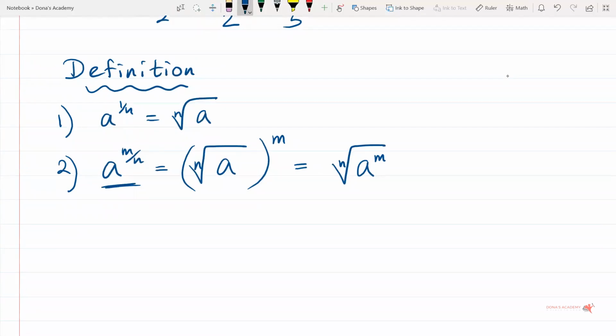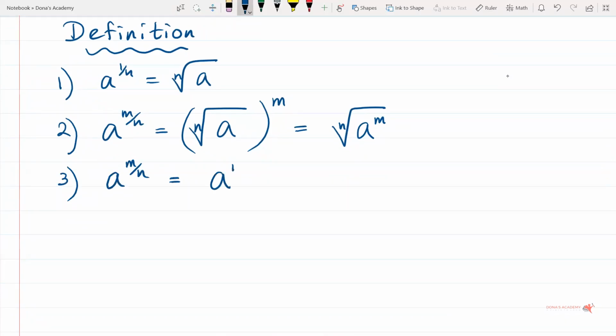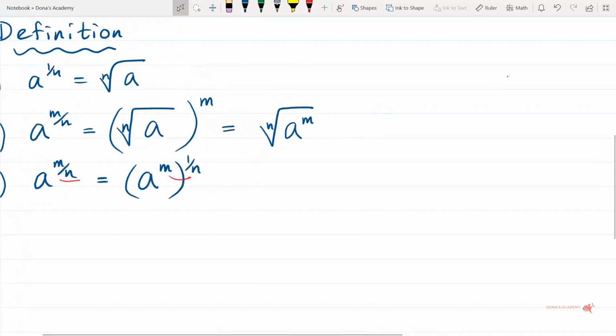Next, if you think about power of power rules, this is the same as a to the power m first and then to the power 1 over n, because if you multiply these two, you get this number. And also you can switch these two.